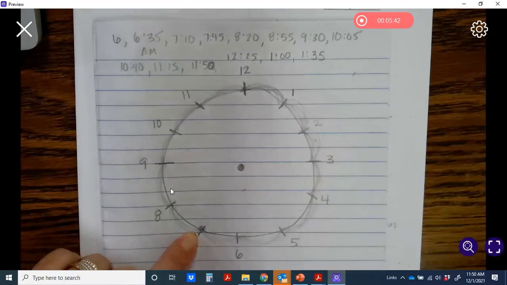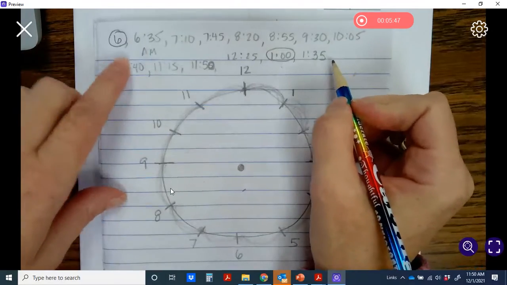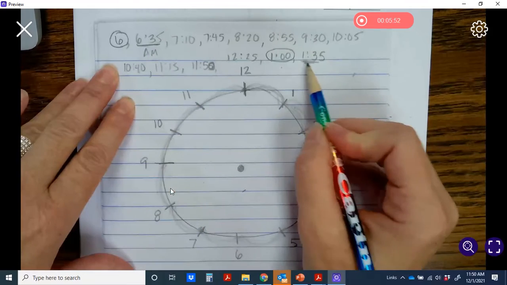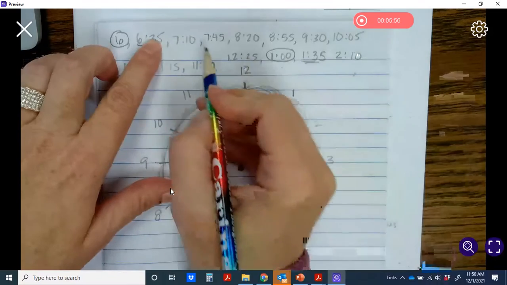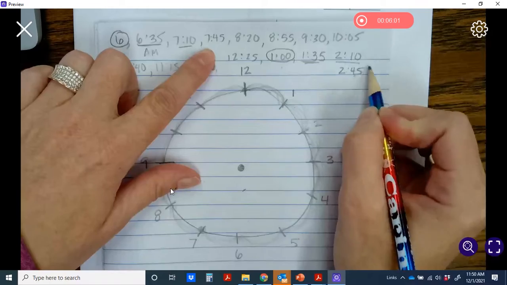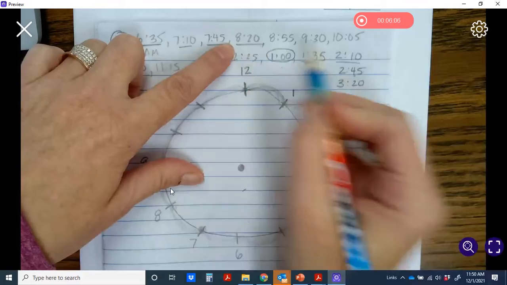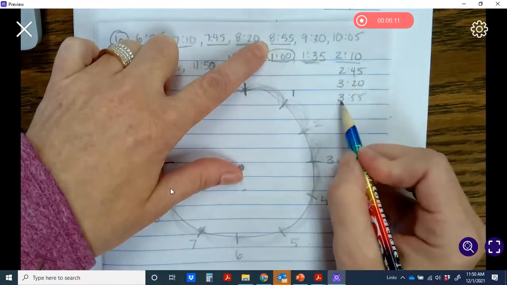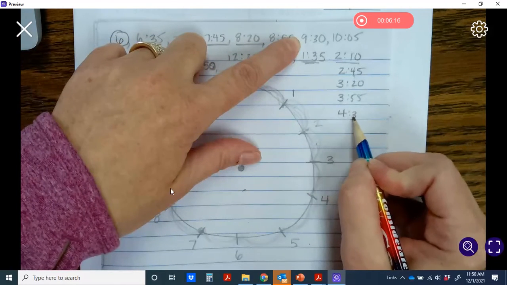So this is 1 o'clock, 6 o'clock, and then this is 6:35, 1:35, then I'd have 2:10, 7:10, then 2:45, 7:45, then 3:20, 8:20, then 3:55, 8:55, and then I'd have 4:30, okay?